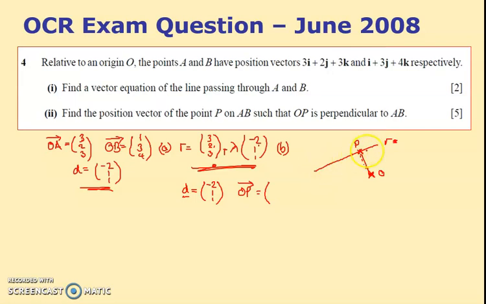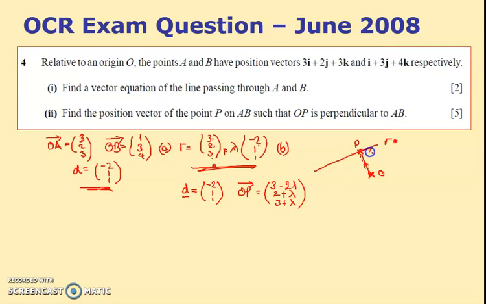Any point on this line, which P is, has this as its position vector: 3 minus 2 lambda, 2 plus lambda, and 3 plus lambda. Now that, I think, is a bit weird until you've done it a few times. And once you've done it a few times, you think, well, actually, these are all the same. So now I've got my OP.